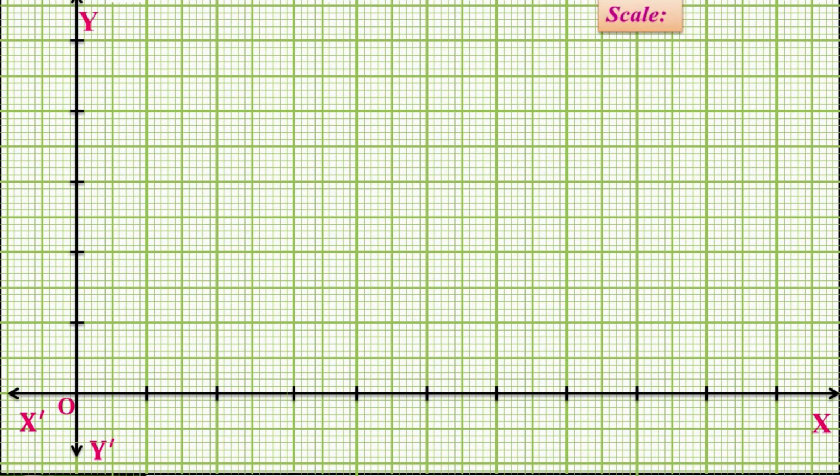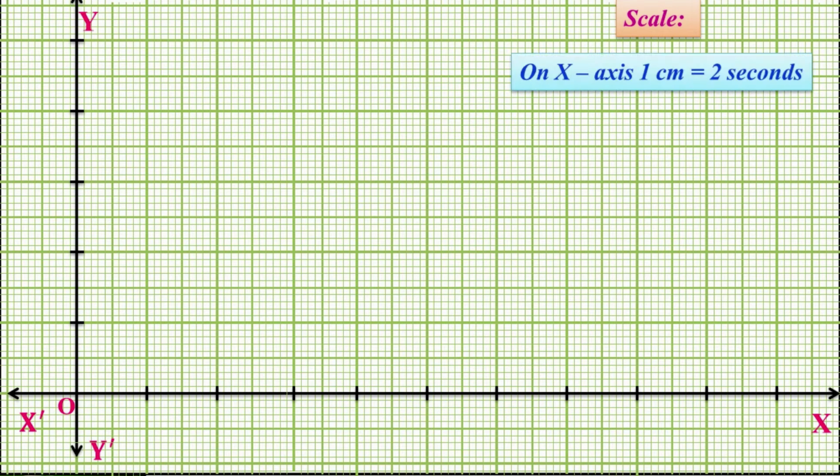Now we can take the scale. The lowest value on the x-axis 0 and the highest value is 15. So we can take on x-axis 1 centimeter is equal to 2 seconds. And the lowest value on the y-axis is 15 and the highest value is 45.